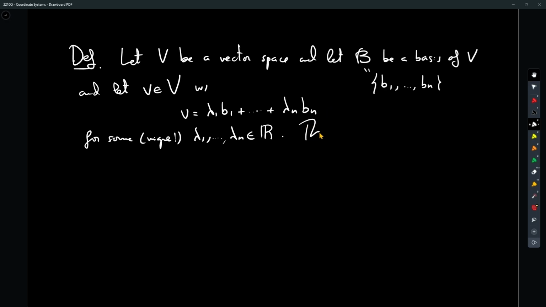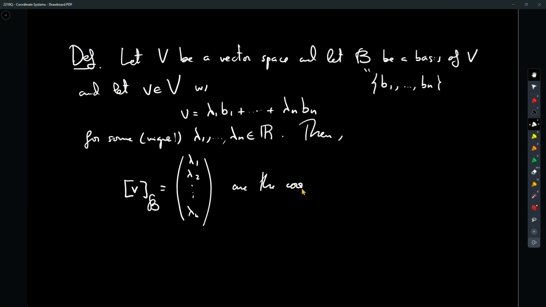Then we define the coordinates of v with respect to the basis B to be the vector given by those coordinates, lambda 1, lambda 2 through lambda n. These are the coordinates of v with respect to the basis B.